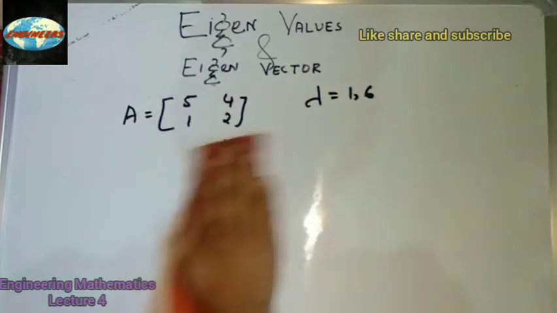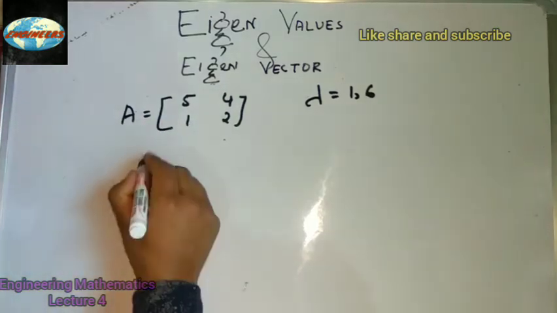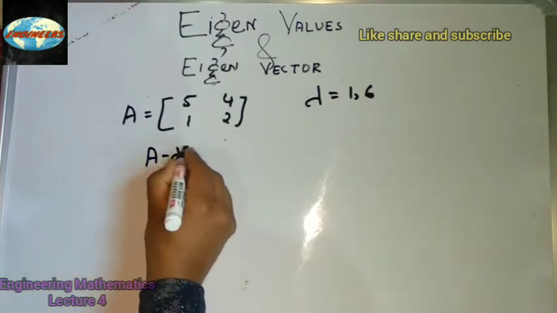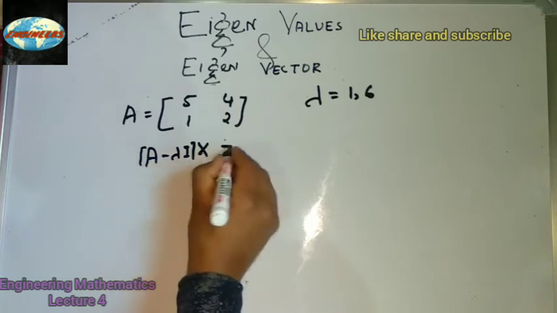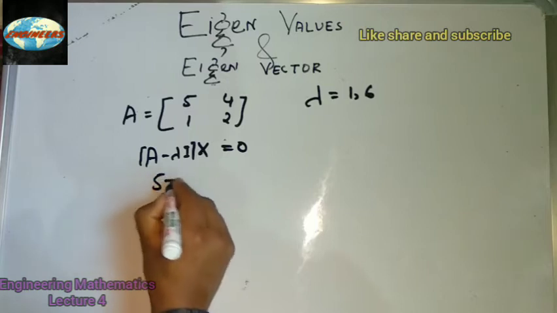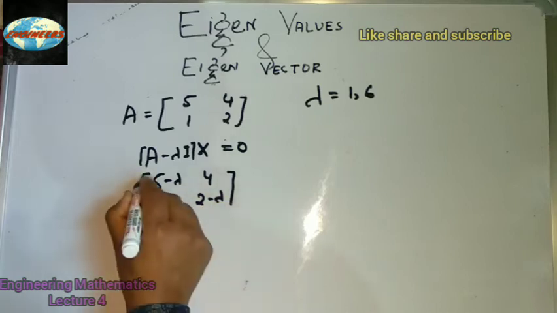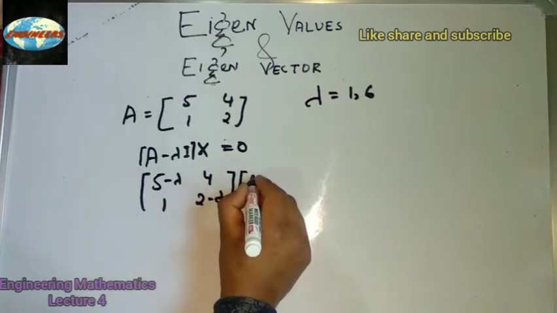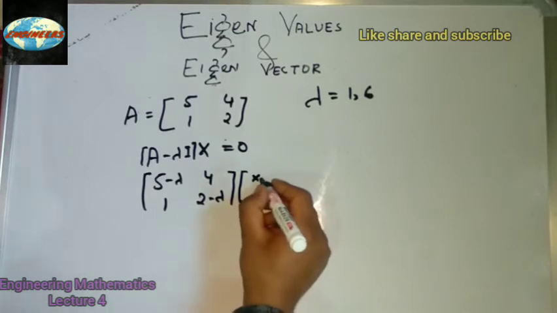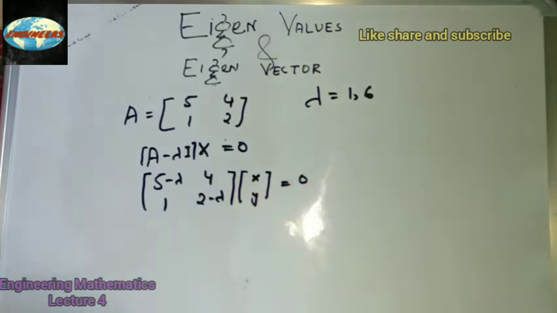Now coming to the eigenvector. What I told you: for each and every eigenvalue there will be one eigenvector. So we know A minus lambda I into x is equal to 0. That means 5 minus lambda, 4, 1, 2 minus lambda, into x1, x2, or x and y, it is your choice; that will not make any difference.